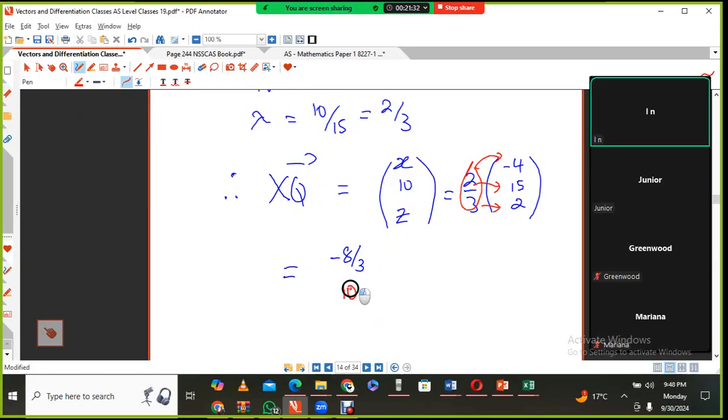And the other one, 2 over 3 times 2? 4 over 3. You agree? And that's it, because it doesn't ask you to find those missing things. That's all she wrote.